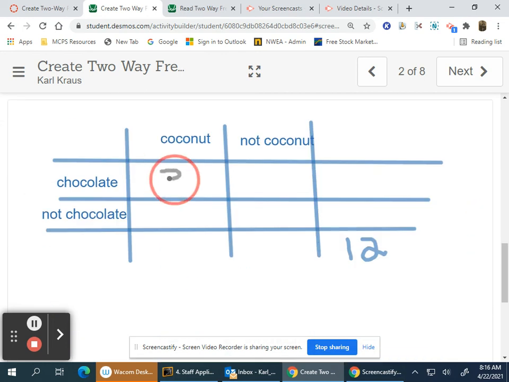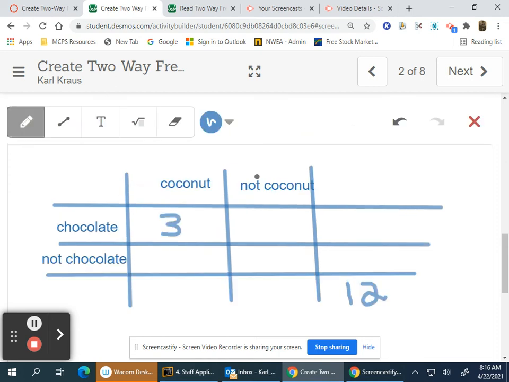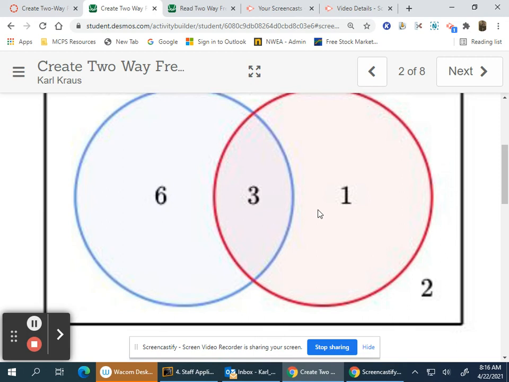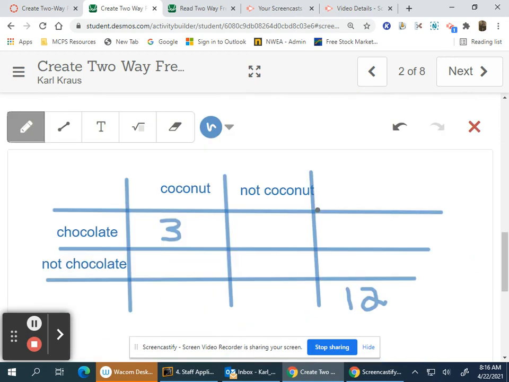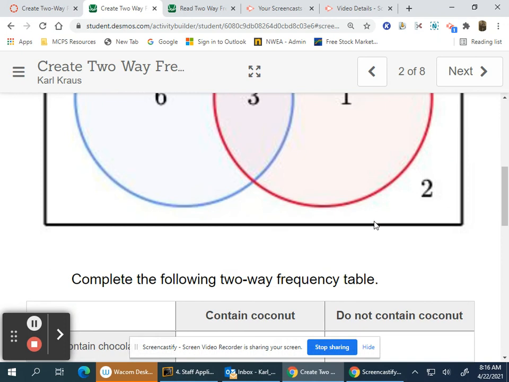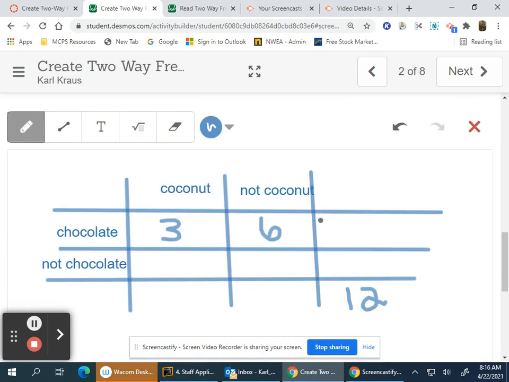So this is a 3. And then chocolate with no coconut, that's a 6. And coconut, not chocolate, is 1.